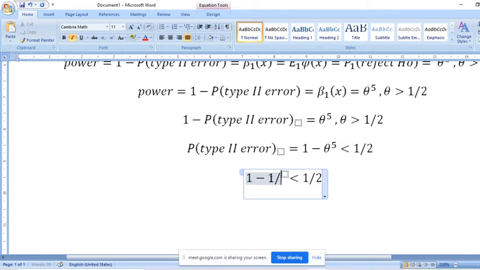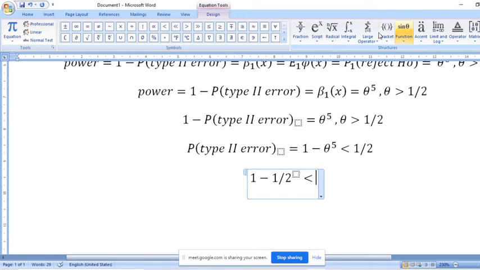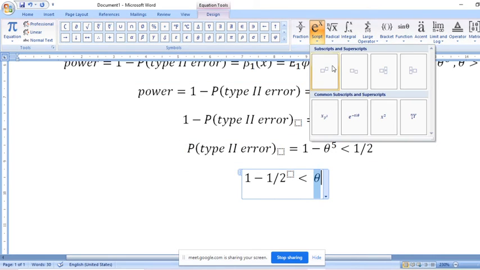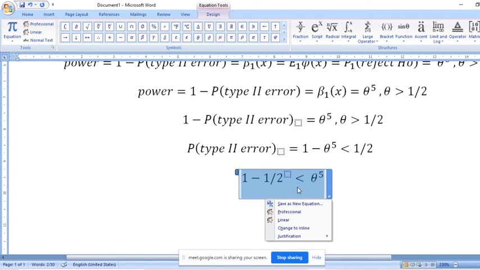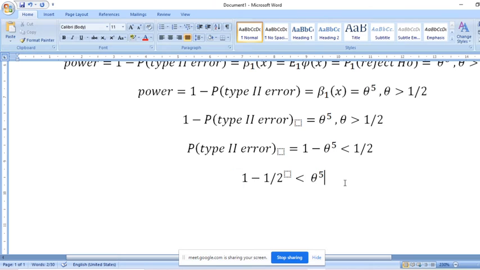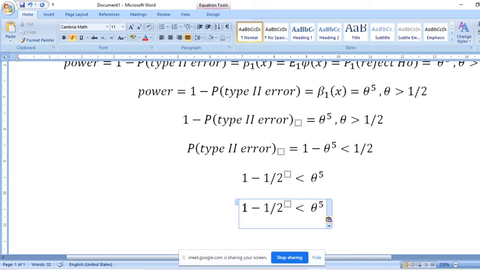So 1 minus 1 by 2 is greater than theta raised to 5. 1 minus 1 by 2 is 1 by 2, so we replace this with 1 by 2.